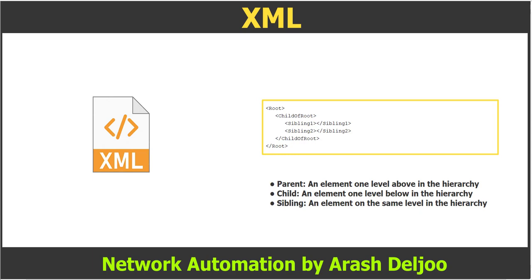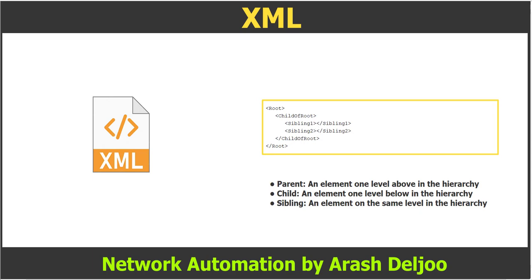A parent is an element one level above in the hierarchy, a child is an element one level below, and a sibling is an element on the same level. Here you can see the XML root hierarchy. We have the root and then a child of the root, and here we have two siblings, sibling 1 and sibling 2.